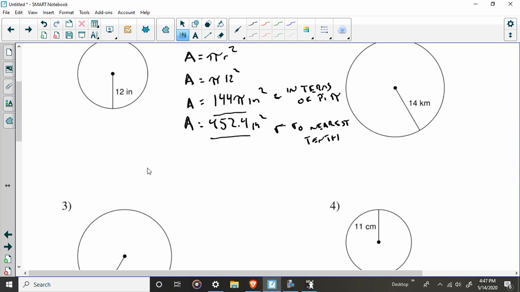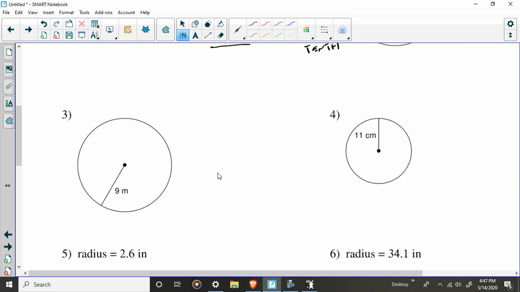So this time we'll find not the area. This time we'll go ahead and we'll find the circumference, okay? So your circumference, we want to know the distance around the outside of the circle. Circumference is equal to pi times diameter, or circumference is equal to 2 pi r. Well, in this case, since they gave you the radius, you want to use this one right here.